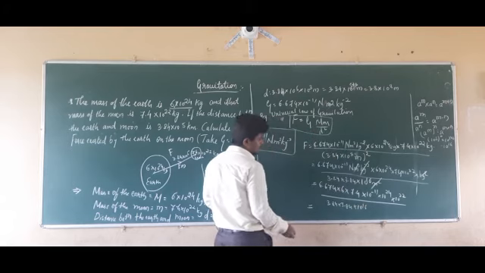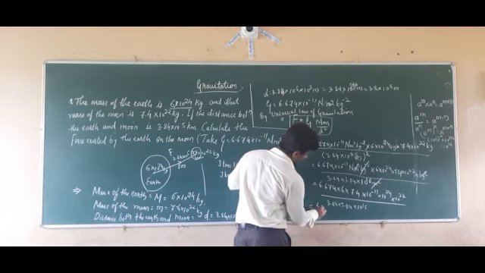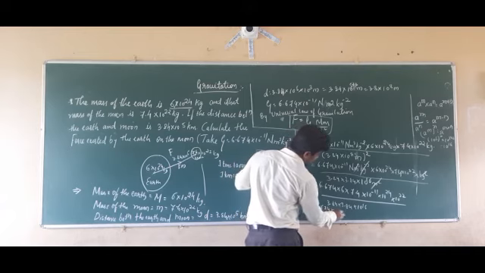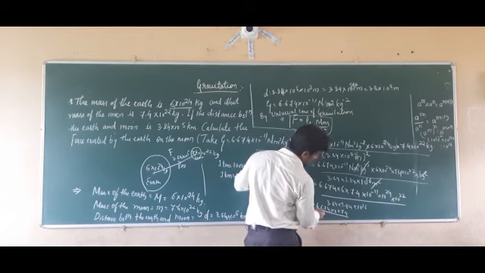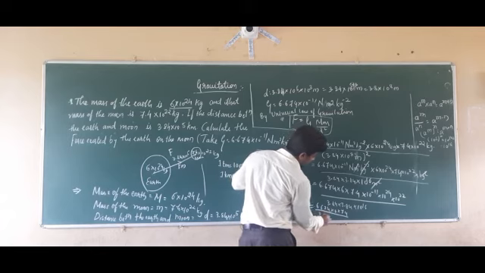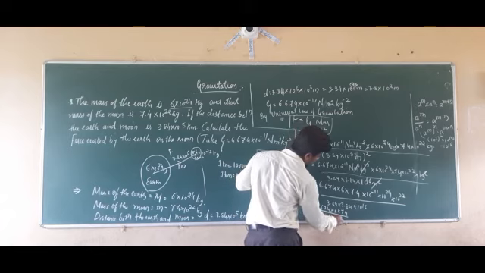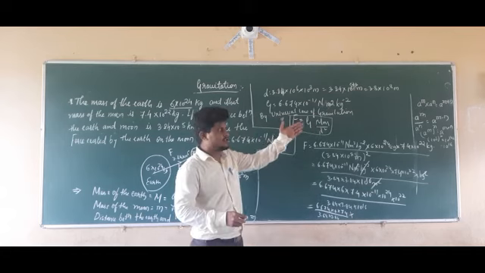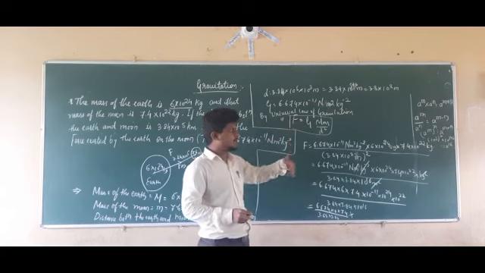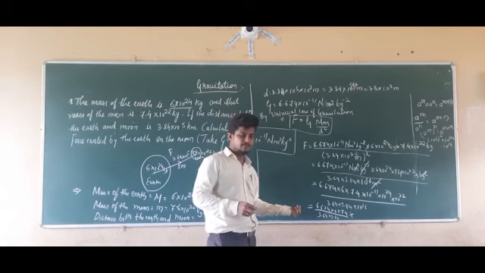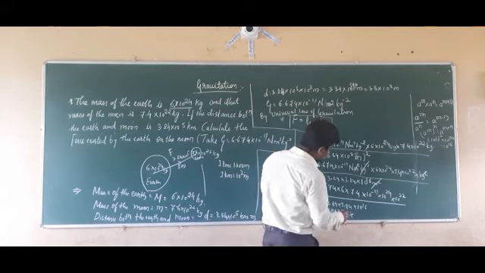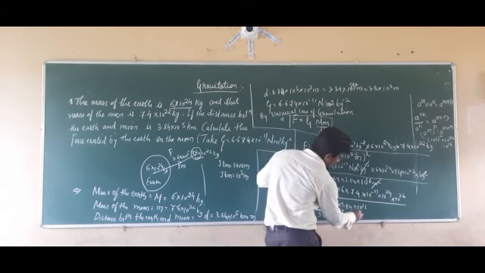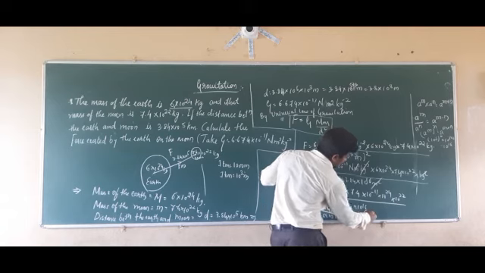So 6.674 into 6 into 7.4 divided by 3.84 into 3.84. For the powers of 10, by using the formula a raised to m into a raised to n, and a raised to m divided by a raised to n equals a raised to m minus n, it will become what? It will be 10 raised to minus 11.